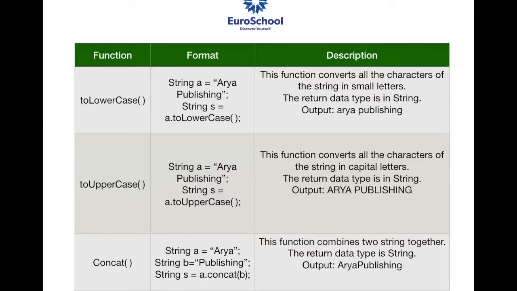The main point over here is it does not leave a blank space. So as I'm having Arya and Publishing, both the values will be joined together. In case you want a blank space, either it should be before P or both will come together. I hope all three are clear.